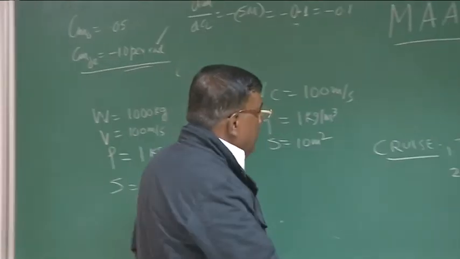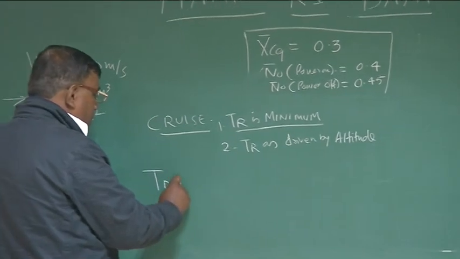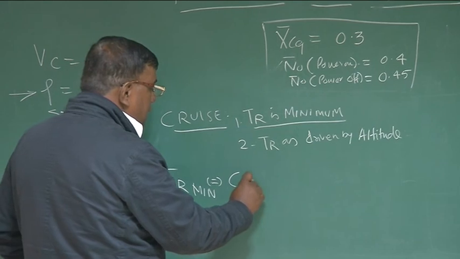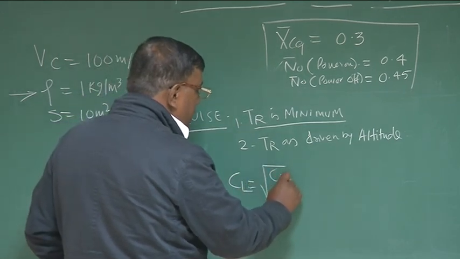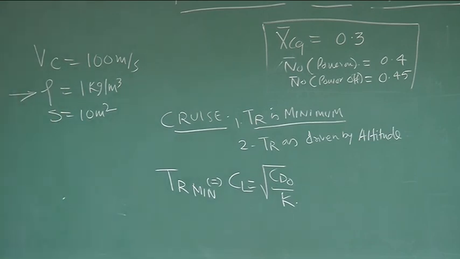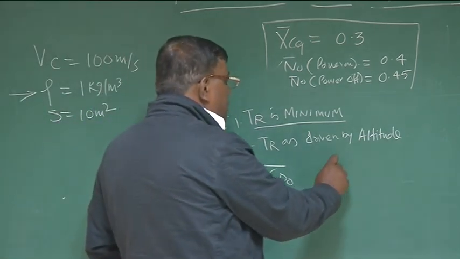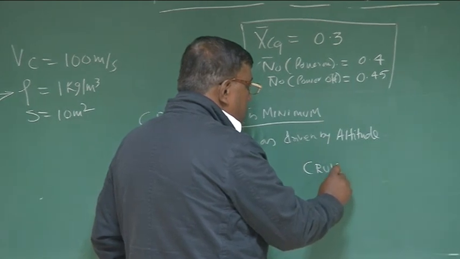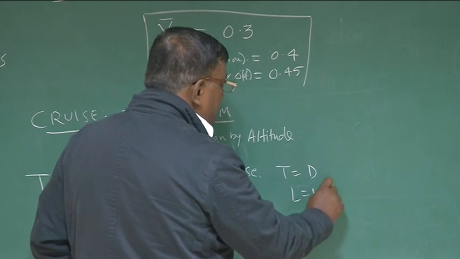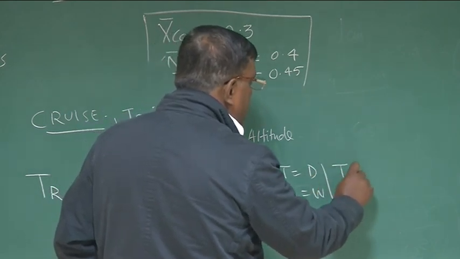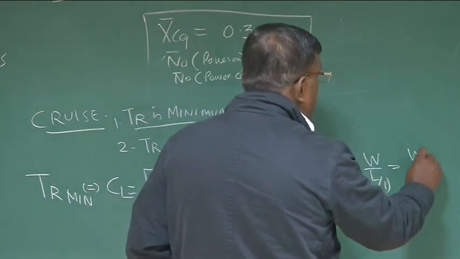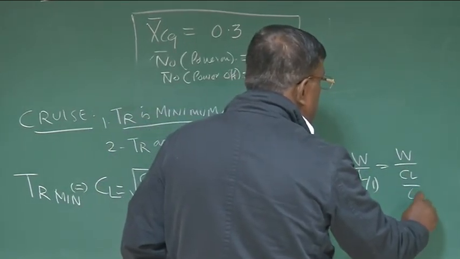So now once we are talking about thrust required minimum, that means CL equal to root of CD naught by K. I hope you remember this. Those who do not remember, for them, for a cruise flight, thrust equal to drag, lift equal to weight. So this implies thrust equal to W by L by D, which equals W by CL by CD.